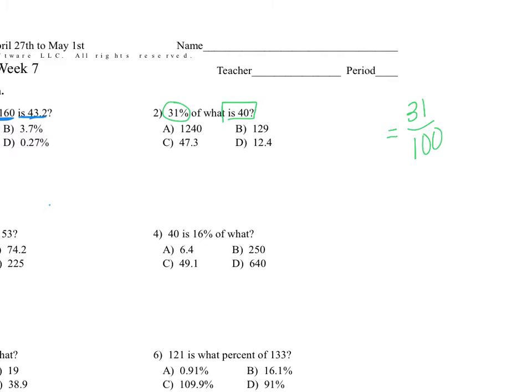It's the first part that we don't know, but they gave us is 40. So where is would normally go, where we say is over of, 40 goes on top. Of is what we don't know. Okay, it even says of what? I don't know. So same thing, we want to cross multiply and divide. 100 times 40 divided by 31.